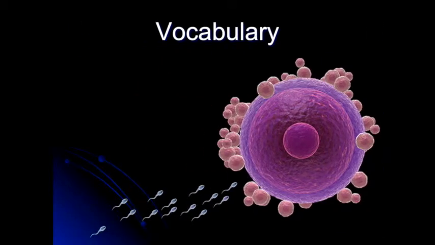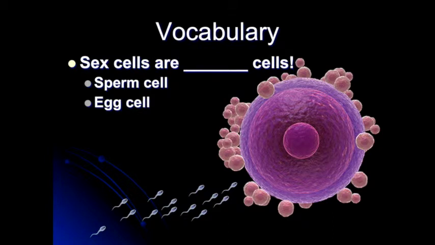So, our vocabulary. By now, you should have your new workbooks. If you don't have them, then please pause this video and distribute the workbooks. The first one is sex cells. In the first lesson we talked about cells, and your project for this was the 3D cell.